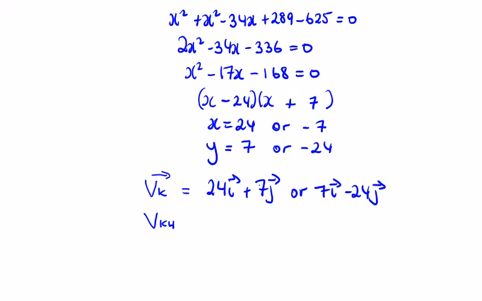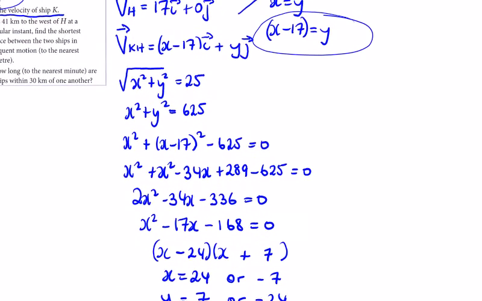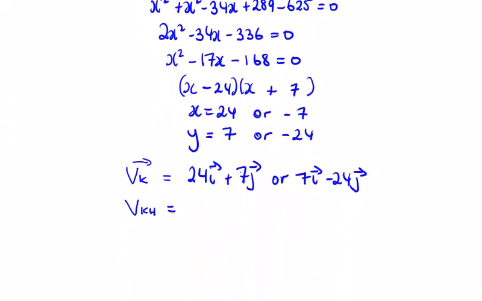We check both: x minus 17 and y, so the y isn't going to change. So x minus 17 gives 7i plus 7j, that's northeast, so that's definitely the correct answer. The minus 7i minus 24j gives minus 24i minus 24j, which is in the opposite direction. So we discount that one.